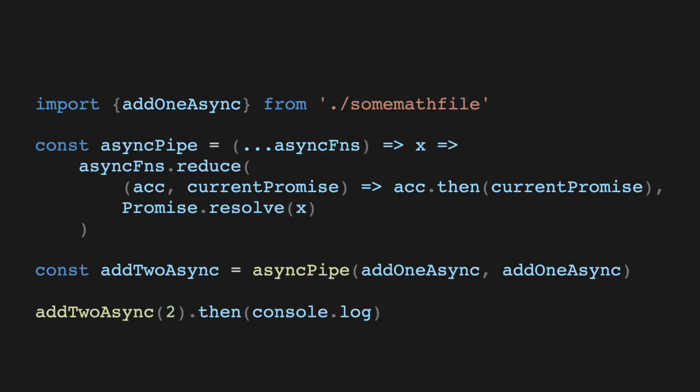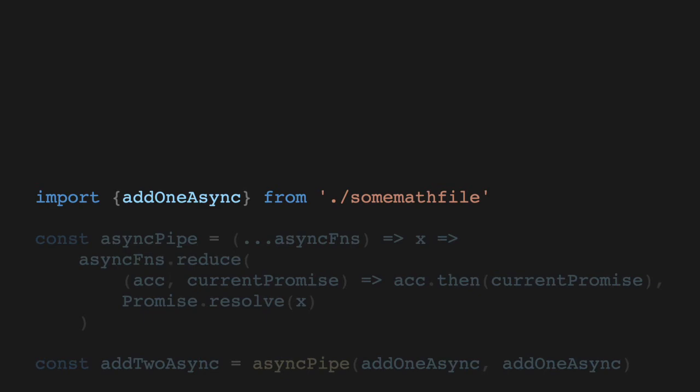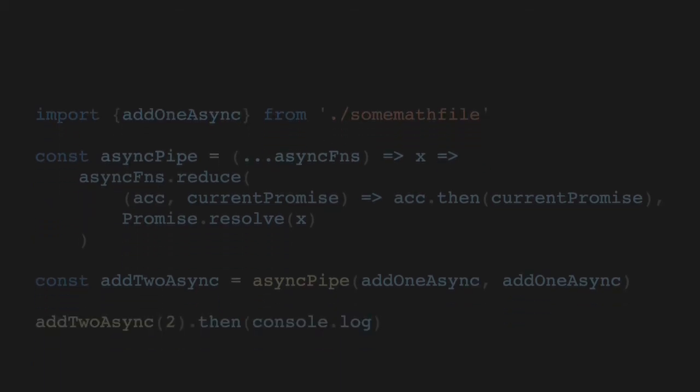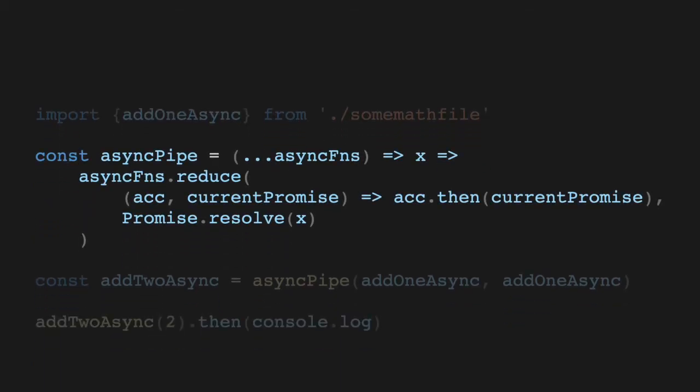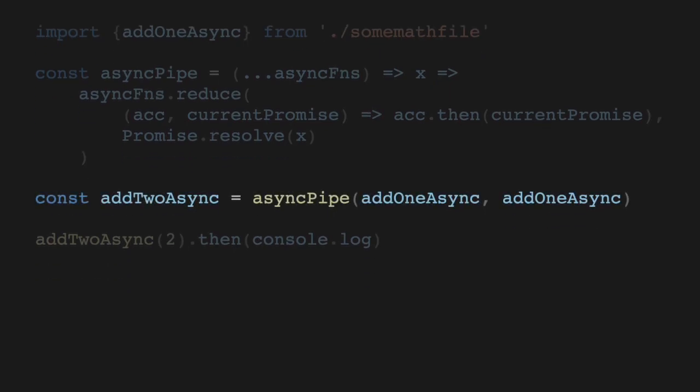All right, let's look at this in action. Let's step through the code. Okay, so we're just going to import this add1async function from, again, some math file that we've written somewhere else. We have our async pipe function, which we've already talked about. And we have this new function that we're going to create called add2async. And that's going to be created by calling async pipe with add1async twice, right?